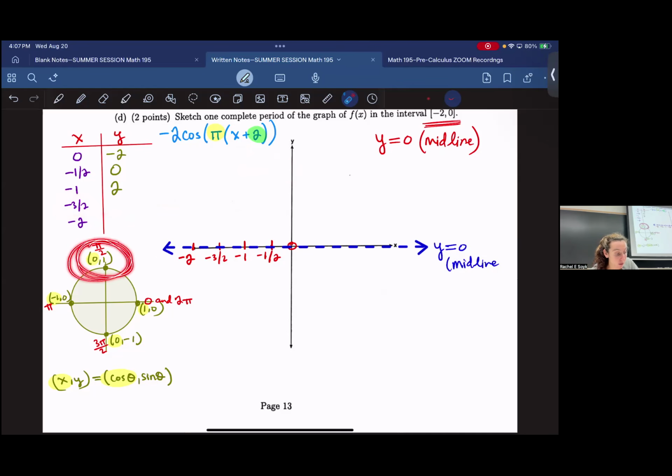Cosine of pi over 2 is just 0, which shoots everything to 0. And then finally, we have -2 plus 2 is 0. Cosine of 0 is +1 times -2 gives you -2.